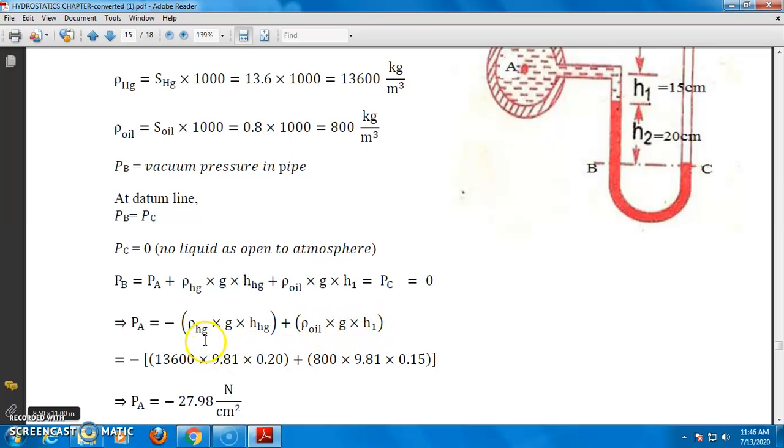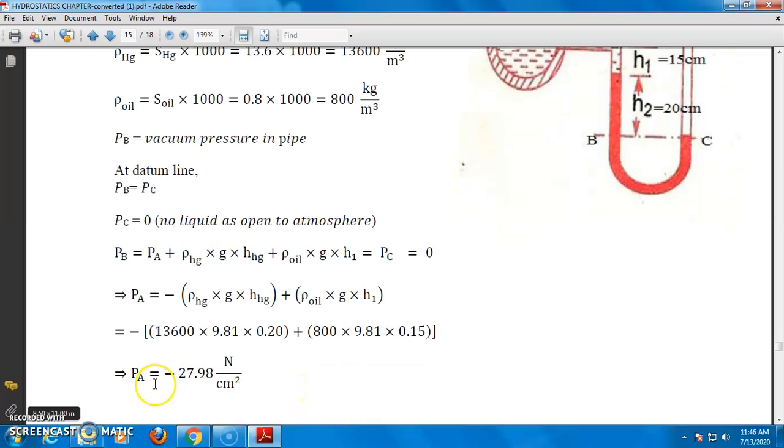So the density of mercury is 13,600, g value 9.81, and the height of the mercury H2 is 0.20, plus density of oil 800, g is 9.81, and the height H1 is equal to 0.15. So here we calculate PA is equal to minus 27.98 Newton per centimeter square.